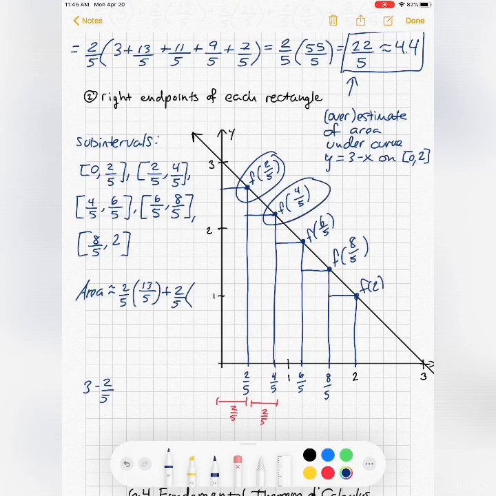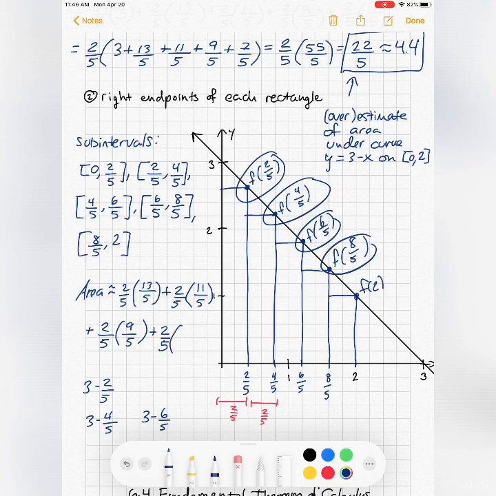And then f of 4/5, that's 11/5. f of 6/5, 9/5. f of 8/5, 7/5.